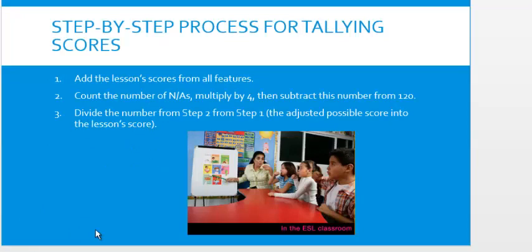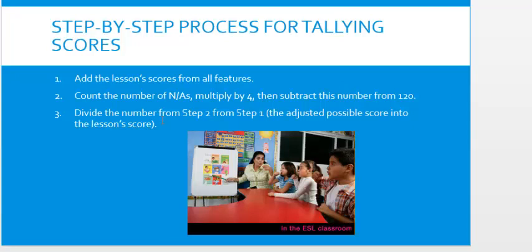And for tallying the scores, you just add the lesson scores from all the features. There are 30 features, and they have a score up to 4. So your total is 120, and count the number of not applicables, multiply that by 4, and then subtract it from the 120 so that you're not scoring the teacher negatively for those NAs.